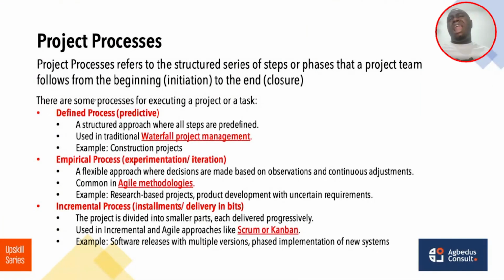So for projects like building a house, you need a defined process, or you use the predictive process, where you lay blocks before you call the electrician, before you call the plumber. These are already known when you are building a house. For instance, when Elon Musk was building the Tesla, there's an aspect of Tesla which is defined. Why do I say that?